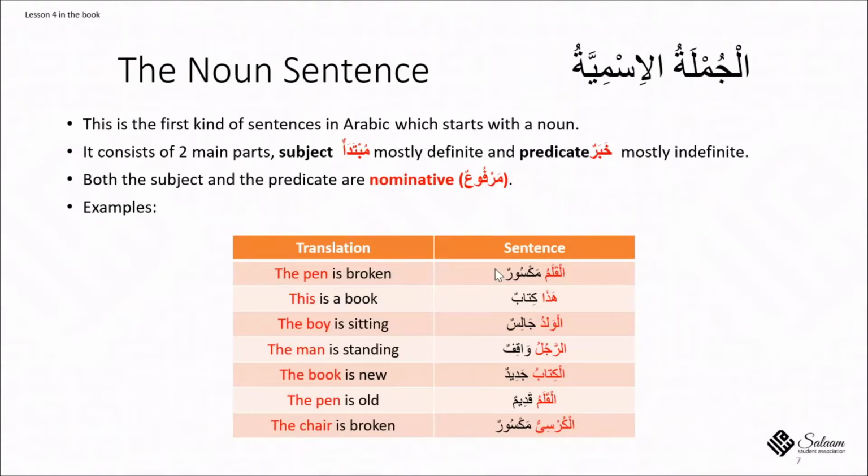The noun sentence, al-jumlatul ismiyya, is the sentence that gives you full information right now. The pen is broken. There is no verb here in Arabic. We have no translation of the verb 'be' in Arabic. We have the verb yakun, yes, but we use it in other kinds of sentences. But now this sentence only names: al-qalamu maksurun. And you can see here, both are marfu'a, nominative. Both have dhamma at the end.